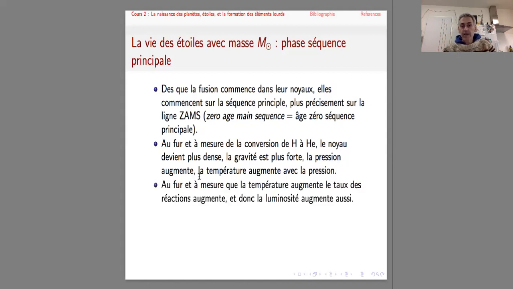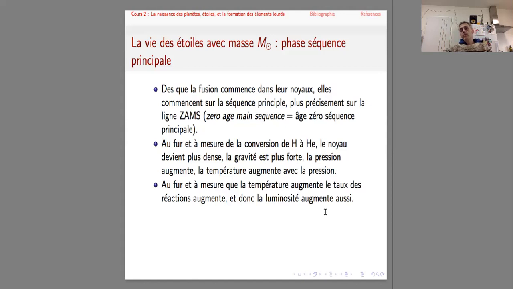We've just said that these fusion reactions happen slowly. They're limited by the probability of bringing the protons together. So if you can bring them together faster at a higher temperature, you're going to increase the rate of reaction. And so the luminosity of the star evolves, and it increases.